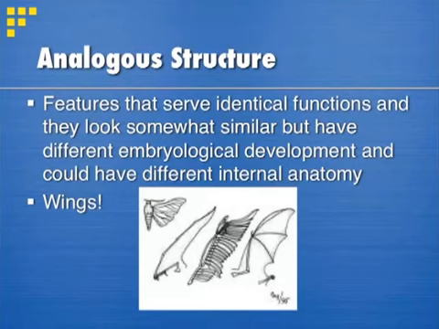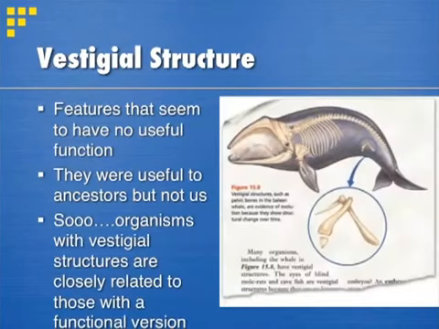So various types of wings are very, very different, but it does show us that at some point it was very, very important to be able to fly, and that was an evolutionary advantage. So analogous structures don't show common ancestry, but still give us evidence of evolution and points in time when certain structures would be better than others.